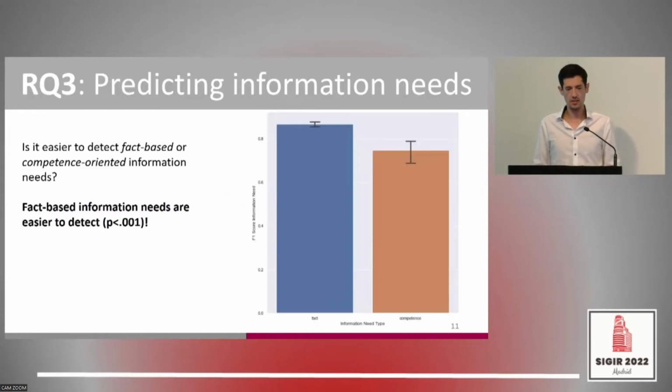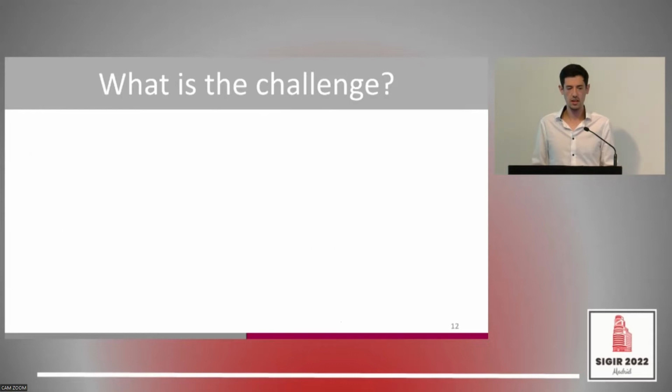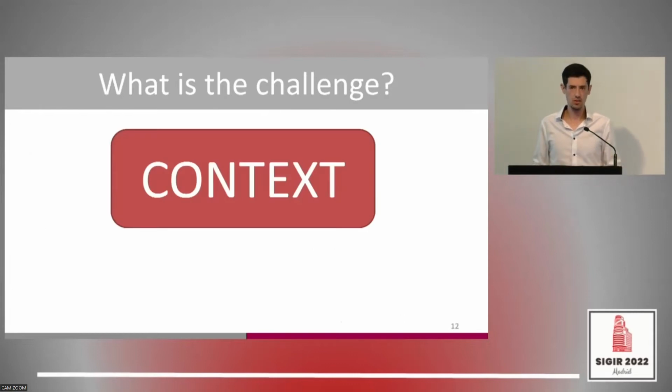There are other analyses you can look up in the paper, but what I found quite relevant is that it was much easier to detect fact-based information needs than competence-oriented information needs, which also aligns with the findings from the annotation process. So what was the challenge? It's all about the context.